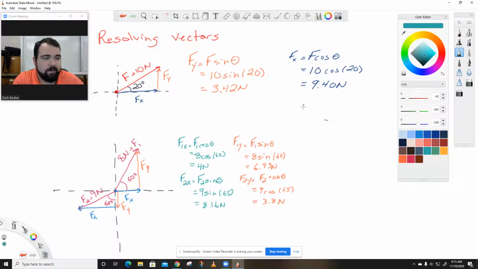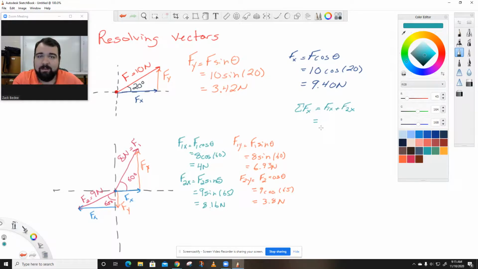So we're going to figure out sigma Fx, the net force in the x direction. It is going to be F1x plus F2x. Now in this case, we have forces acting in opposite directions, so we need to assign positive and negative values.